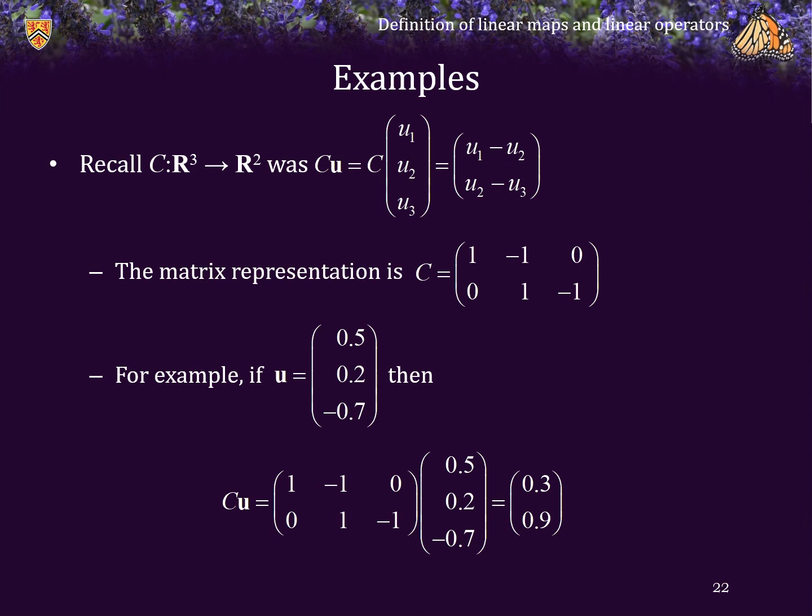Next, taking the second row of C multiplied element-wise with the vector u gives us 0 times 0.5 plus 1 times 0.2 minus 1 times negative 0.7, yielding positive 0.9.